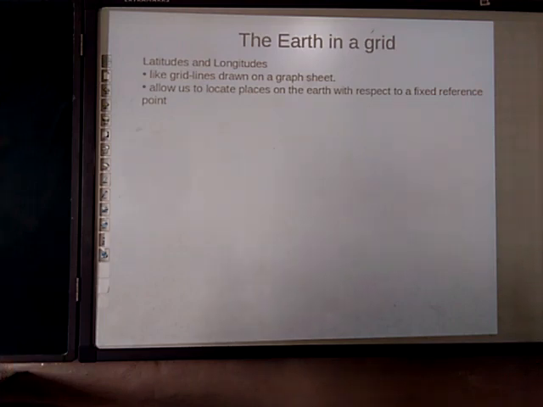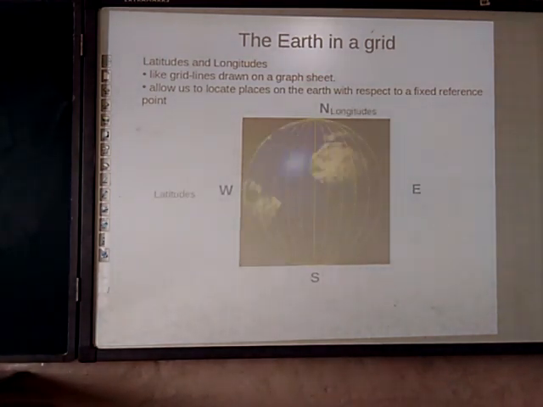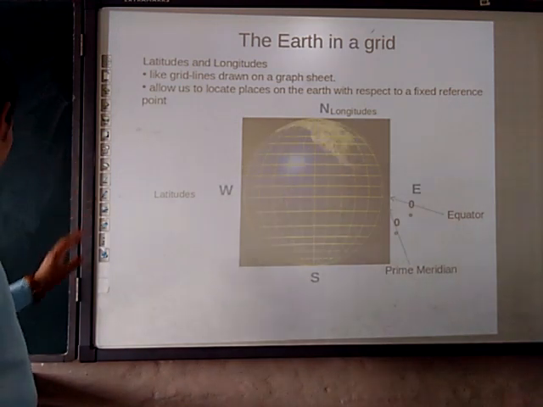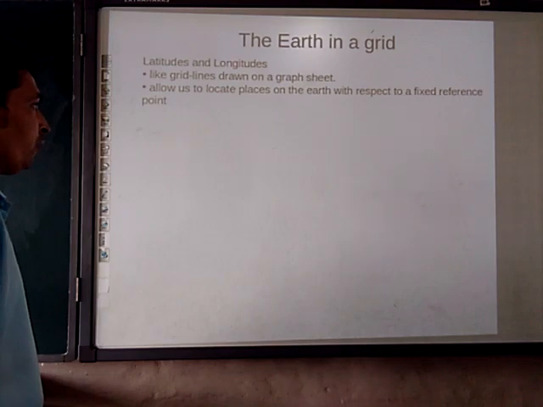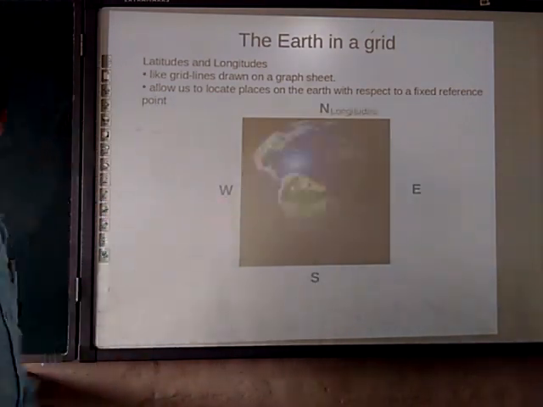Once again I am showing for you. Please see properly. Okay, now it is going to be clear. First, earth is here, then all the directions.